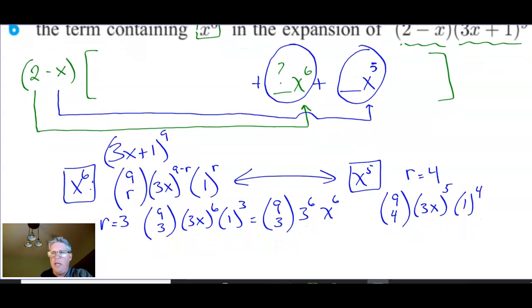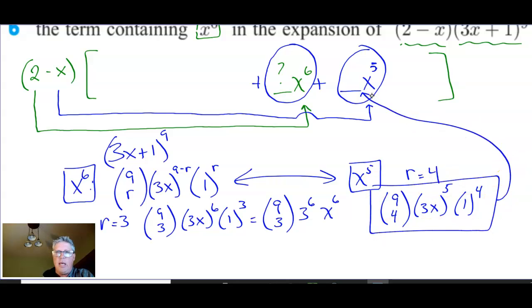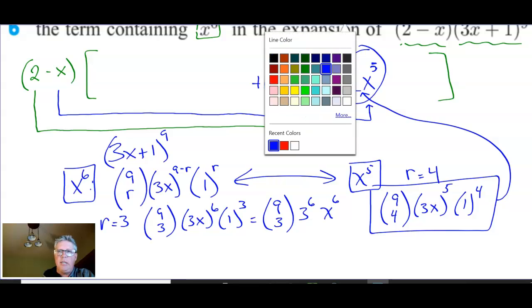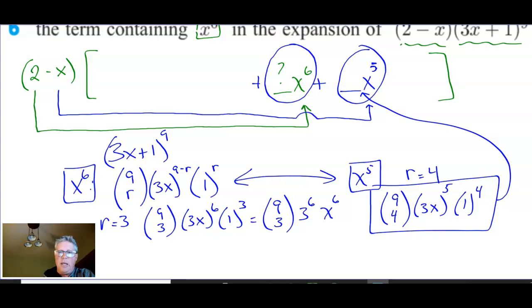All right. So ladies and gentlemen, this is this term, and this is this term.